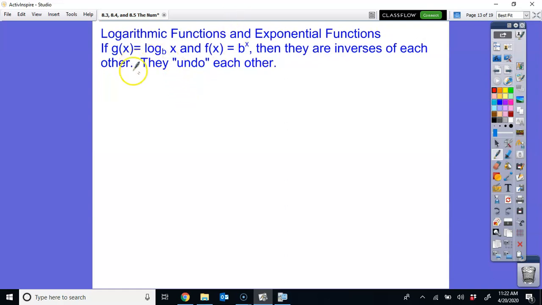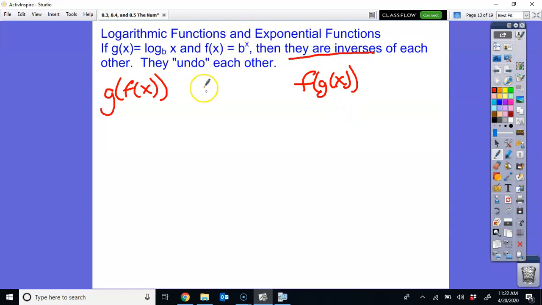Well, remember when we did this whole g of x and f of x thing with inverses in the previous chapter? We said that if two things are inverses of each other, if you do g of f of x or f of g of x, if they are inverses, big if there, if they are inverses, then they will cancel each other out to just x.